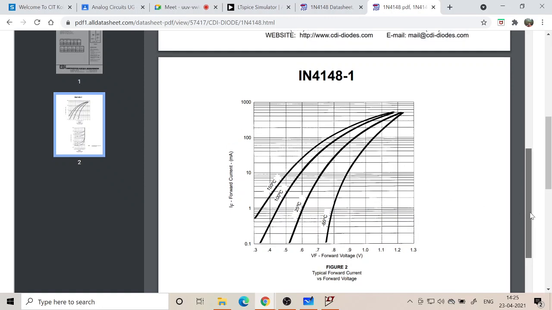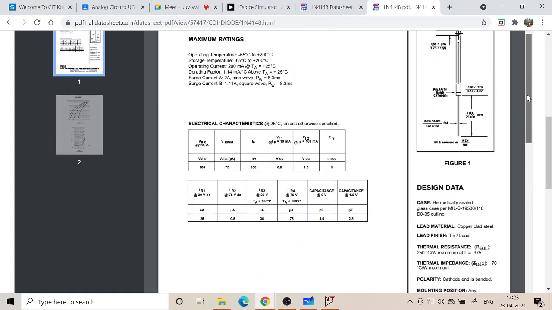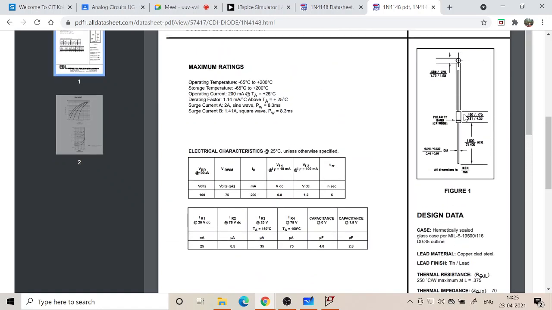Depending upon the diode, the thickness of this material, the device structure, the power handling ability, the operating point is 200 milliampere at temperature 25 degrees Celsius, and it can operate from minus 65 degrees Celsius to 200 degrees Celsius.